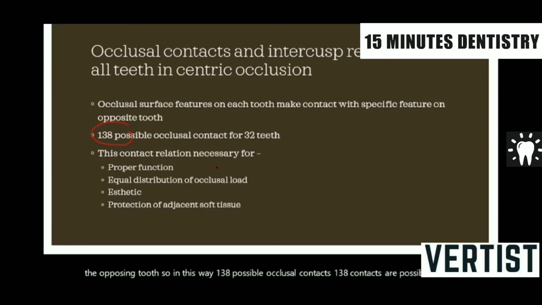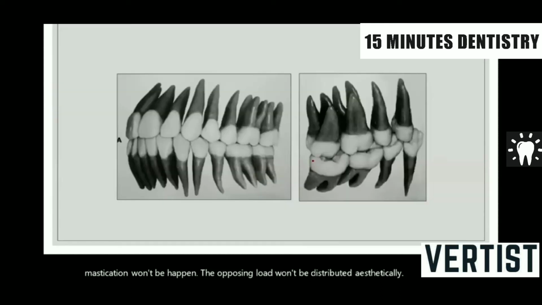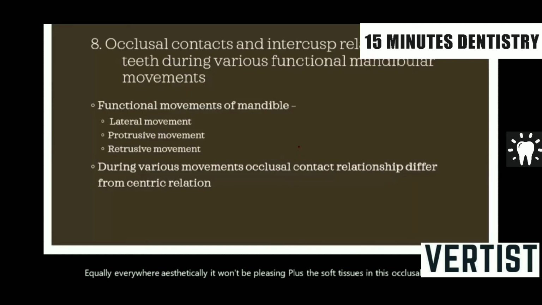For example, without these contacts, proper mastication won't happen. The occlusal load won't be distributed equally everywhere. Aesthetically, it won't be pleasing. Plus, if the occlusal contacts are not proper, the soft tissue will get impinged by the teeth.